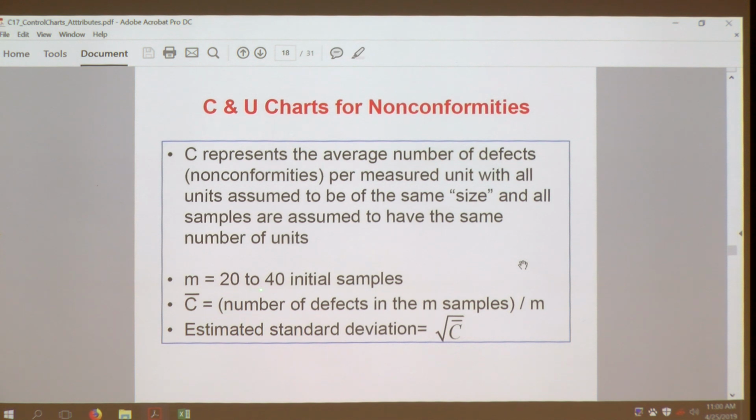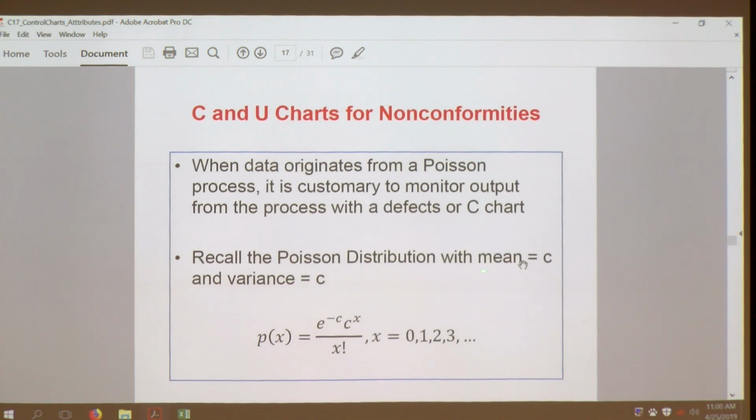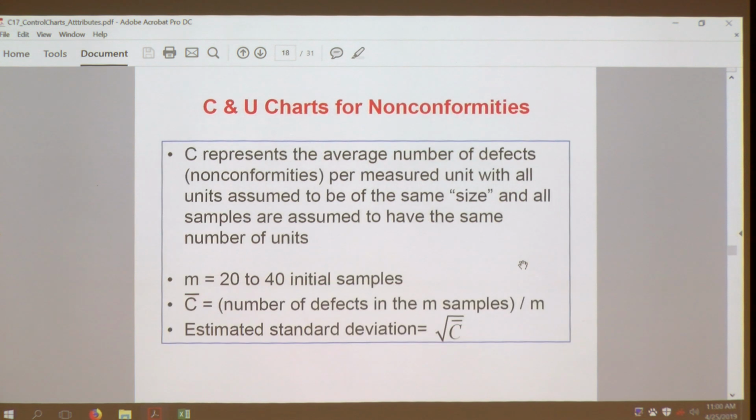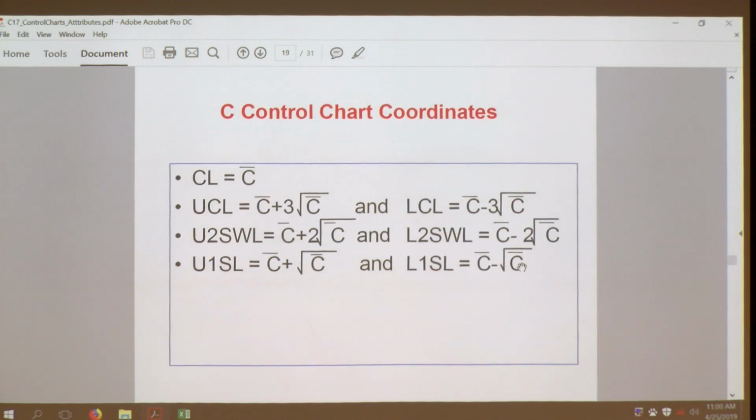M is 20 to 40 initial samples, and C bar is the number of defects in the M samples divided by M. If you estimate C bar, the square root of C bar is your estimated standard deviation, because in a Poisson process the mean and the variance are C, so the standard deviation is the square root of C. What we need to do is estimate C bar. Once we estimate C bar, the control limits are very straightforward: plus or minus 3, 2, and 1 standard deviations.